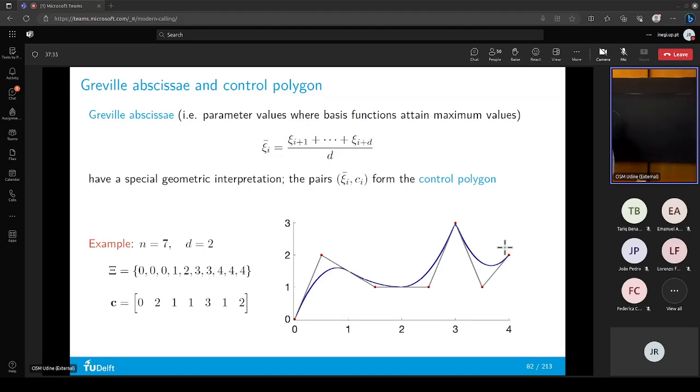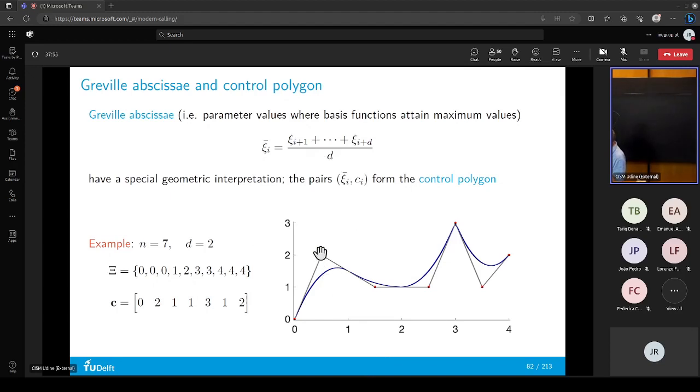The question is, where on the x-axis, if you so want, do I draw the points? And you see they are not at 1, they are not at 2, they are somewhere in between. They are exactly at this Greville abscissa. So what do we have? We have quadratic, so it's an average over 3.